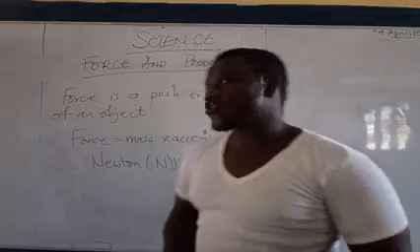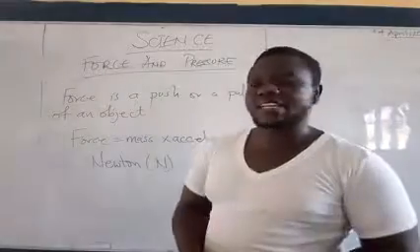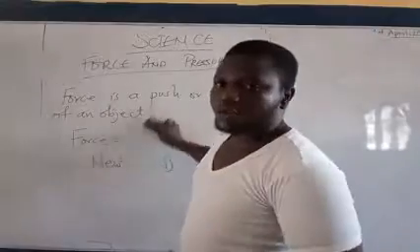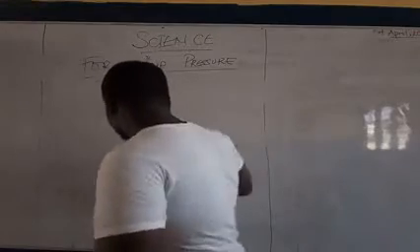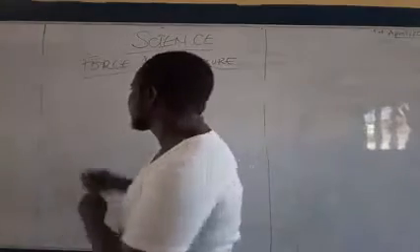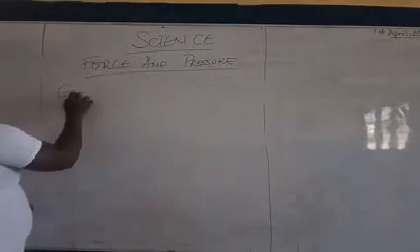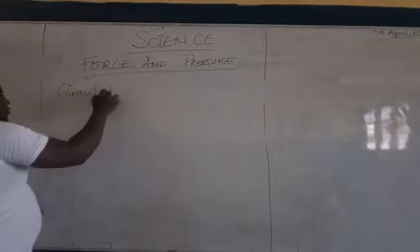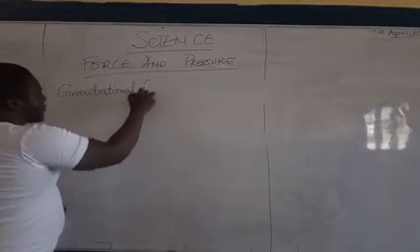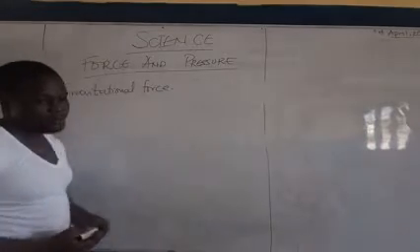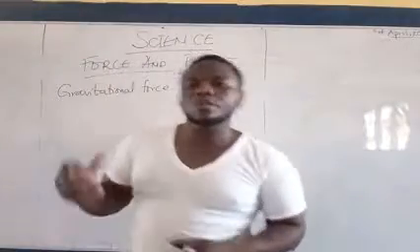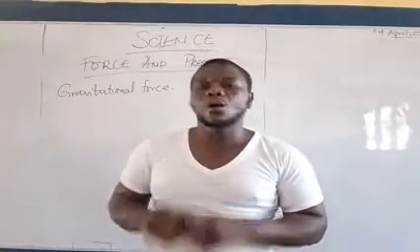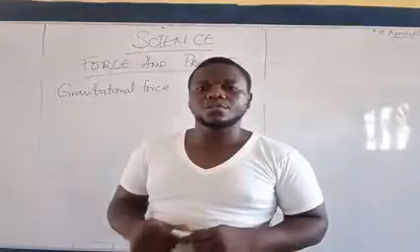The first force we look at is what we call gravitational force, or force of gravity. Gravitational force is simply a force that pulls objects towards the center of the earth.